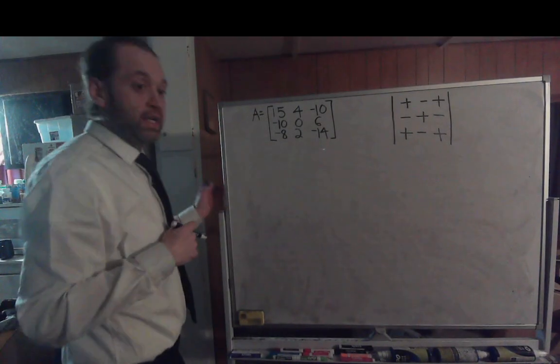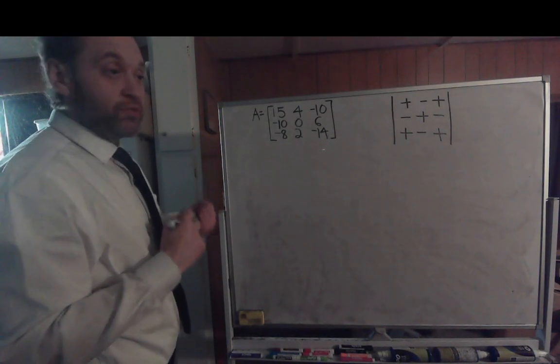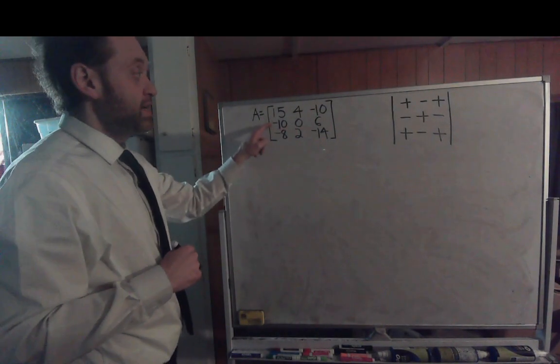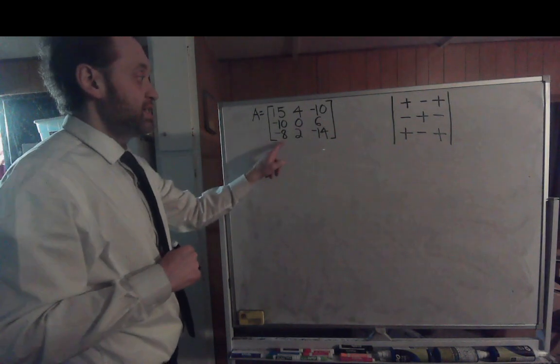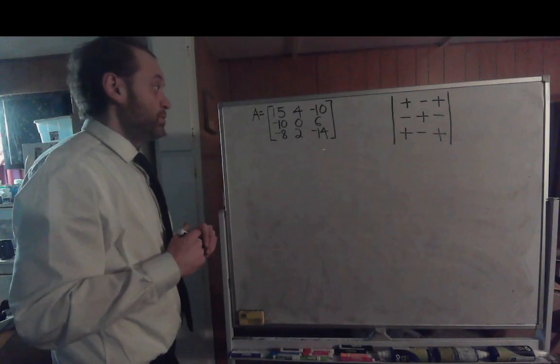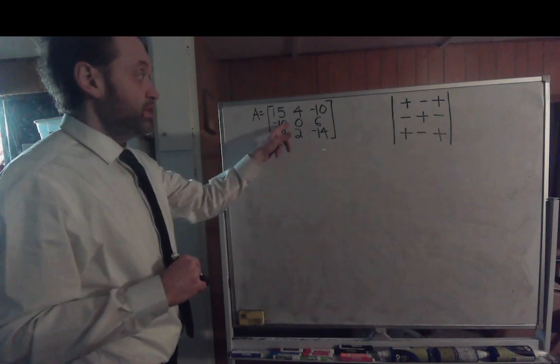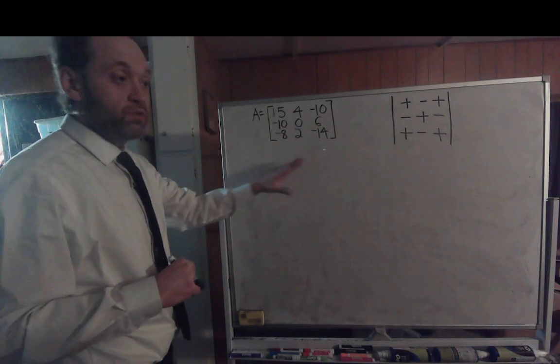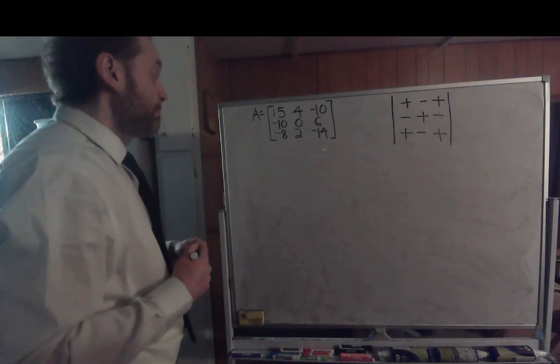Alright, here it is. 3 by 3 matrix with entries 15, 4, negative 10, 0, 6, negative 8, 2, and negative 14. So, good news is in row 2 we have a 0. So we're only going to have to deal with 2 by 2 determinants.